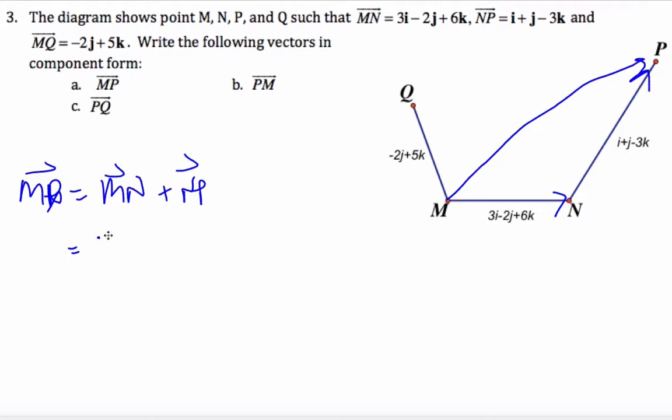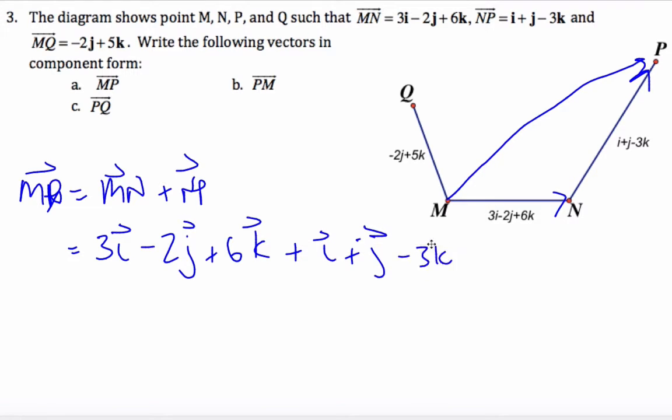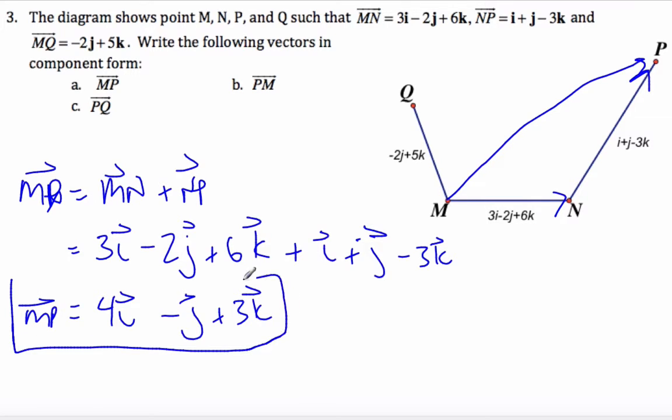Well, MN is simply 3I minus 2J plus 6K plus I plus J minus 3K. And with vectors, the base vectors components, we treat it just like algebra. So I get 4 I's minus a J plus 3K. And this here is going to be MP.